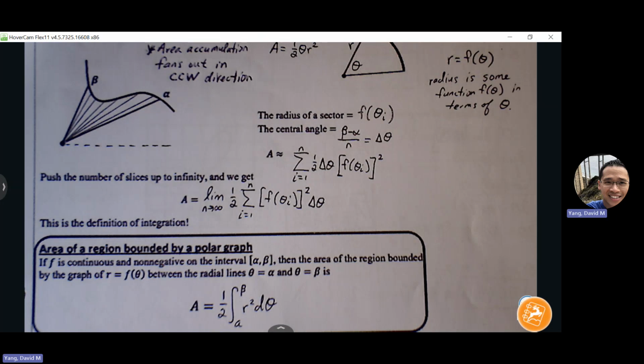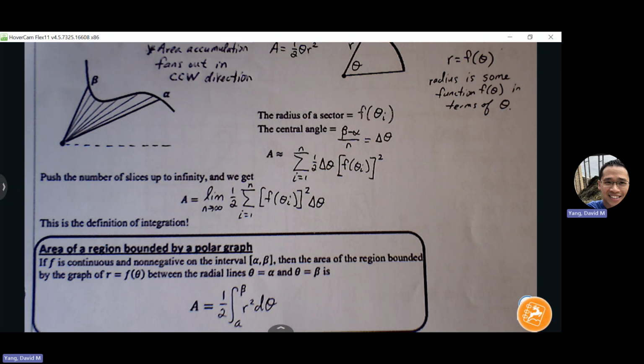So this limit notation just indicates that, remember how with area under a rectangular graph, we would add up infinitely thin rectangles. And now we're adding up infinitely thin pizza slices, these sectors.